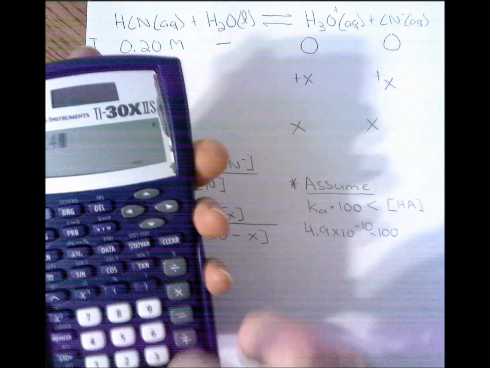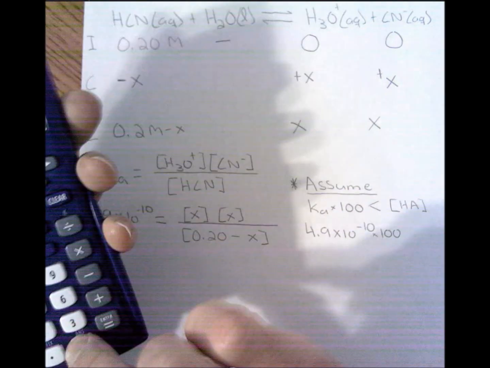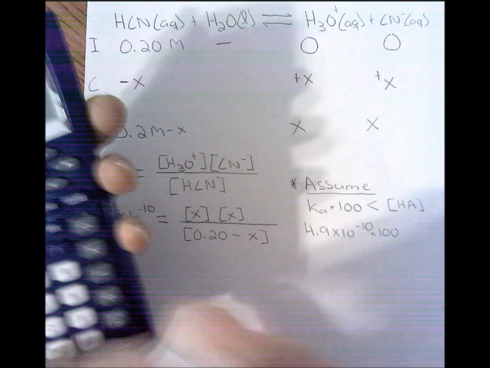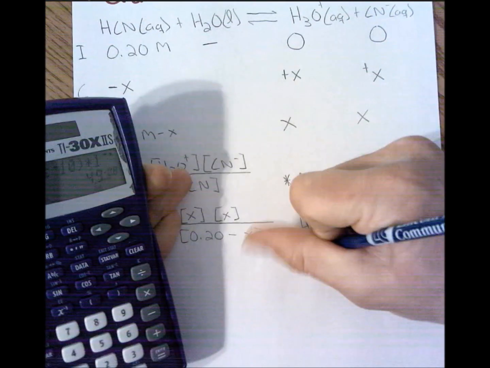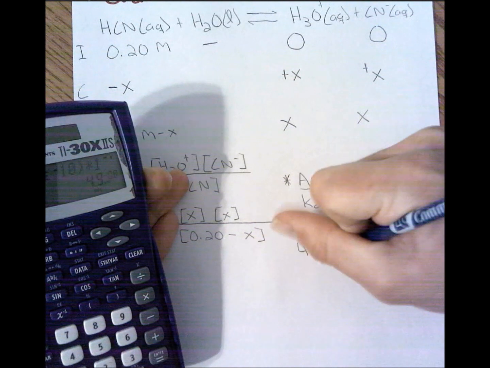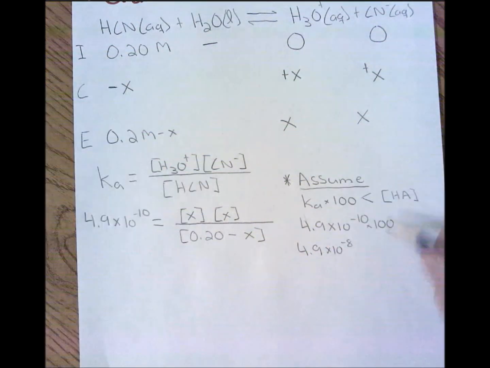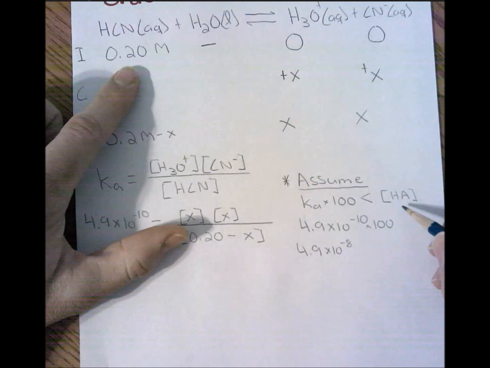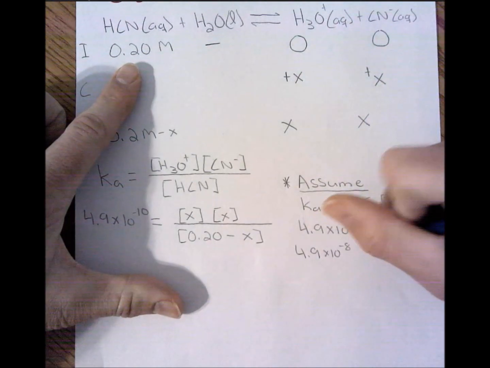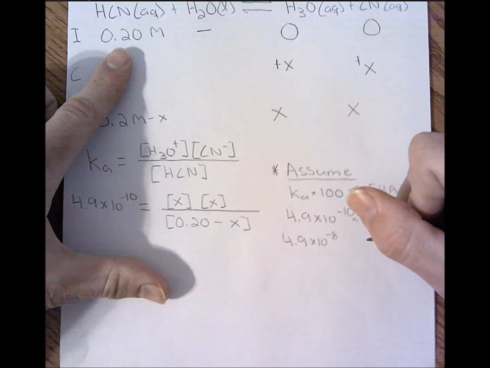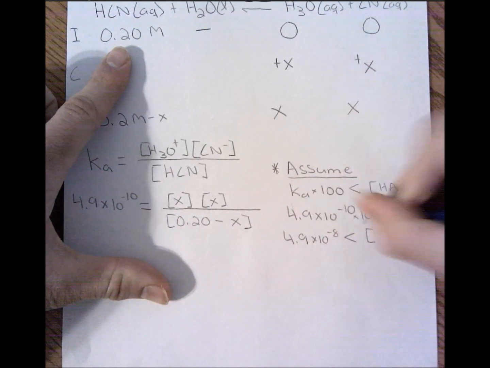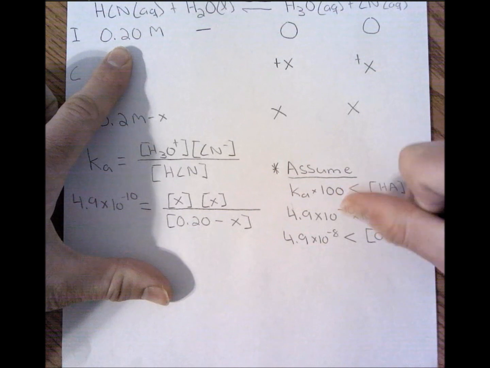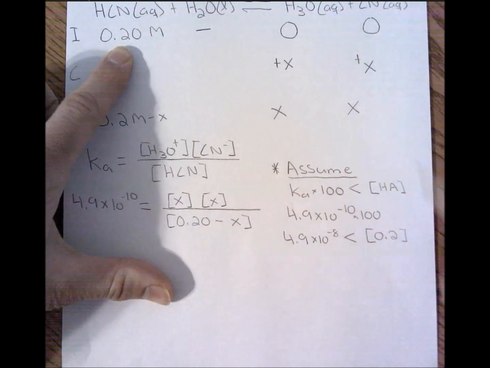We have to have it much, much less than our original concentration, which is 0.2 of our acid. Now, ask yourself, is 4.9 times 10 to the negative 8th much less than 0.2? The answer is yes.